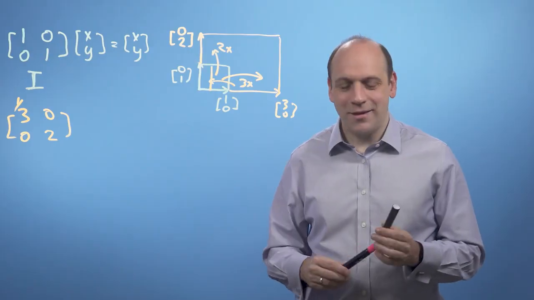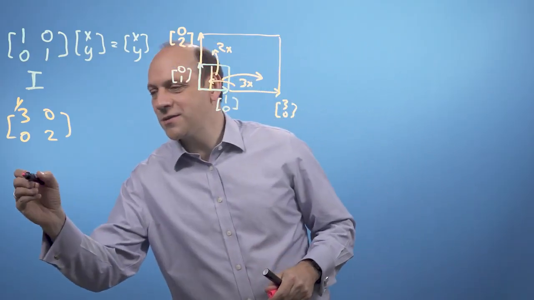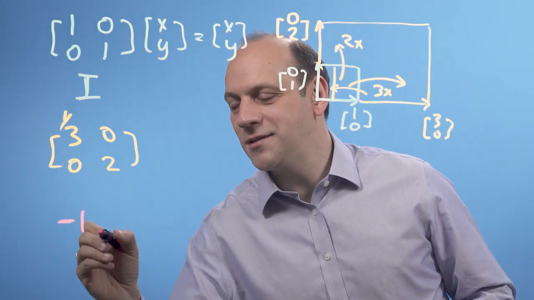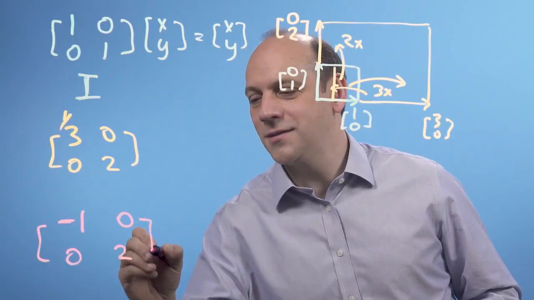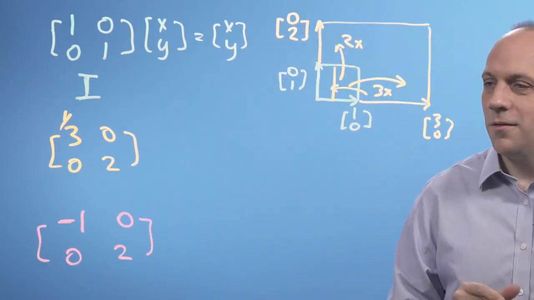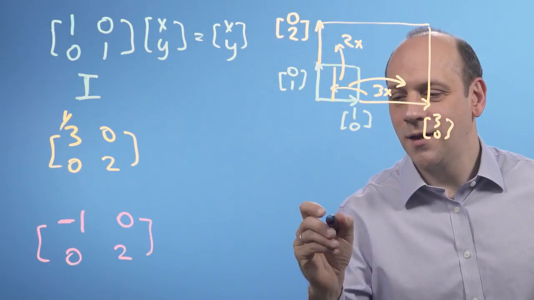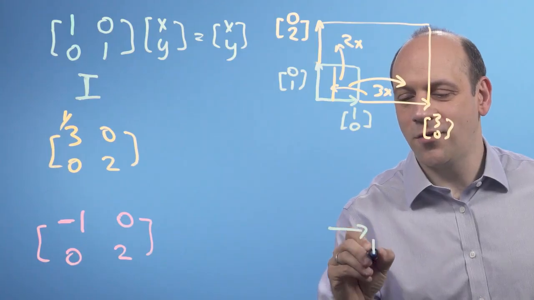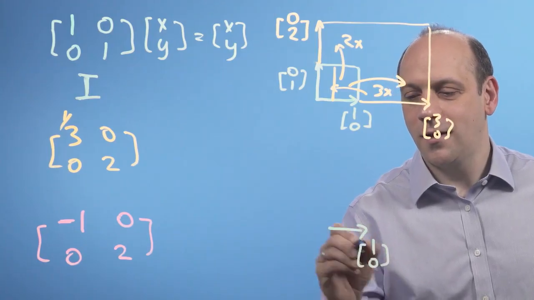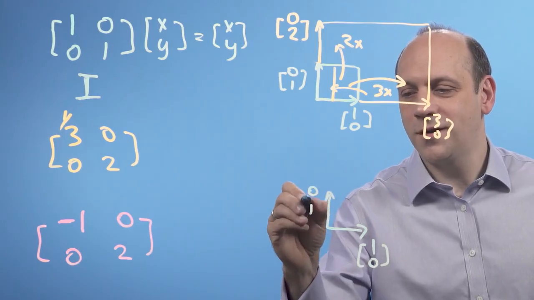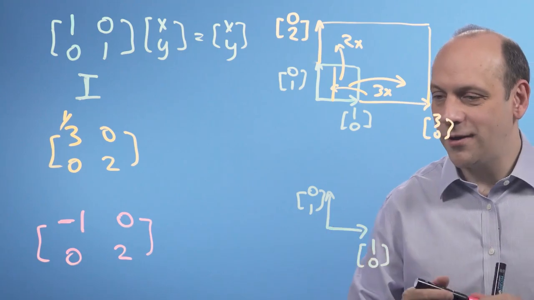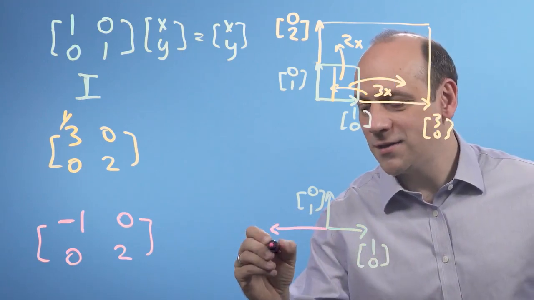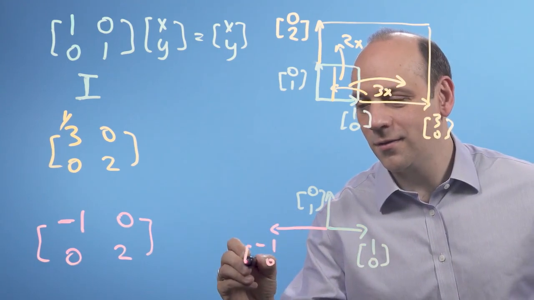The next thing to think about is what happens if I've got a matrix where I scale by, say, -1 here on one of the axes. Well, what that's going to do, so the original axes, is it's going to flip them around. So if I've got (1, 0) here, and (0, 1) being the other axis, of course, then that's going to scale the first one over here to being (-1, 0).